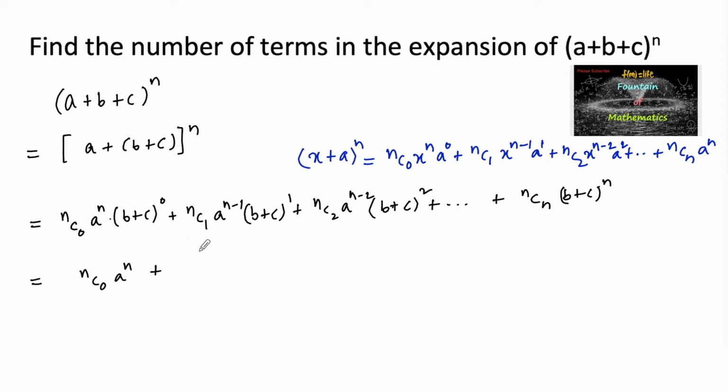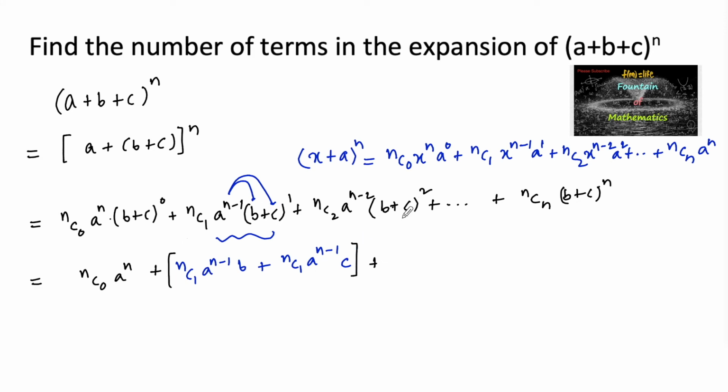And here we can see that there are two terms, a power n minus 1 into b and a power n minus 1 into c. That is nC1 a to the power n minus 1 into b plus nC1 a to the power n minus 1 into c. These together are two terms.